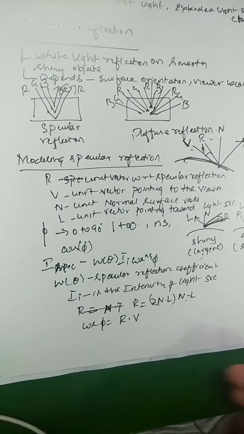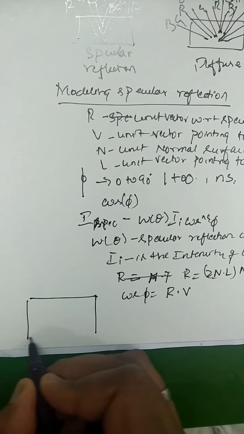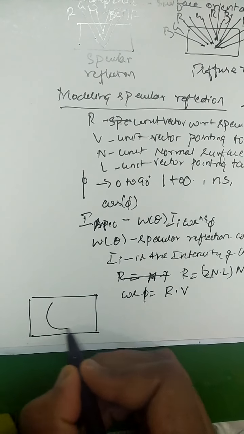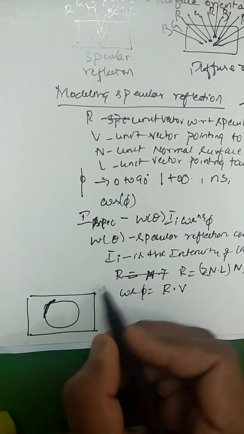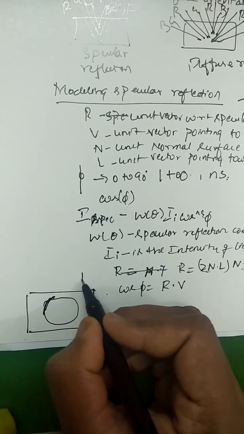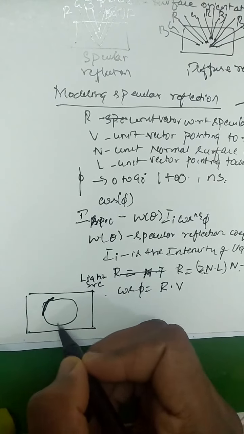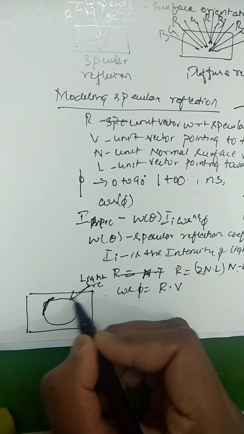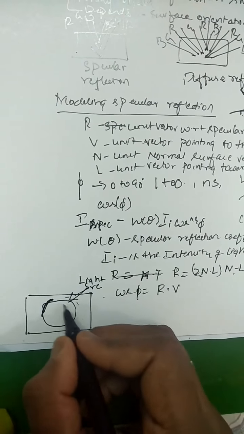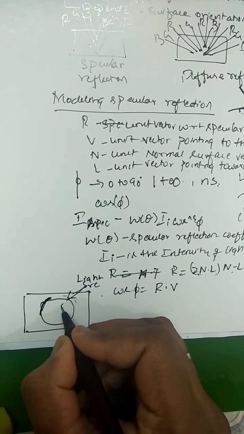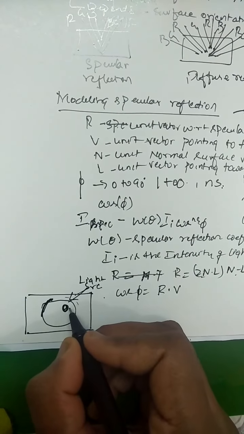Just for your understanding, assume I have a ball here. If the light source is here and it is falling on this, this looks very bright. If this is a metal, on this particular object I can see a white light being emitted.